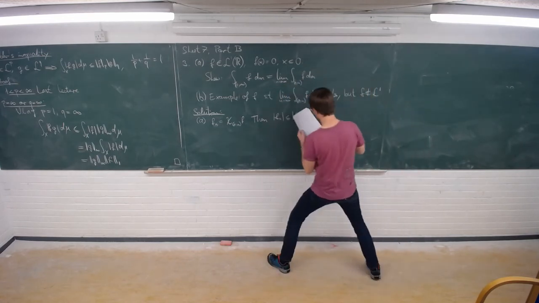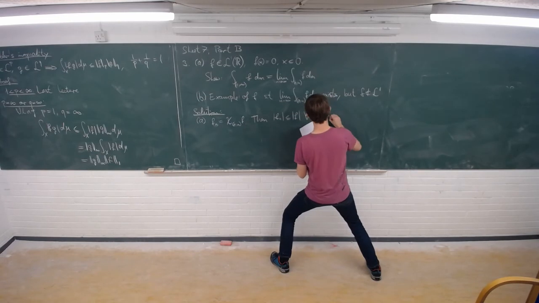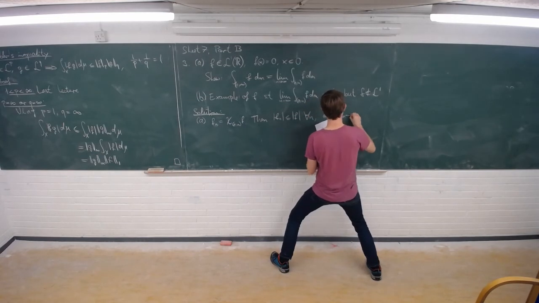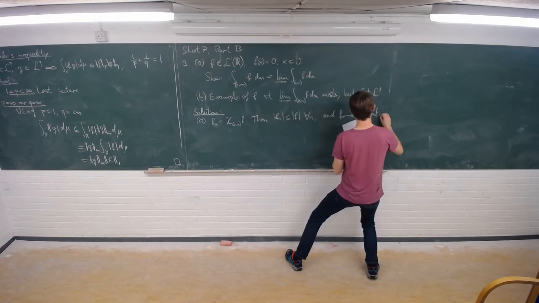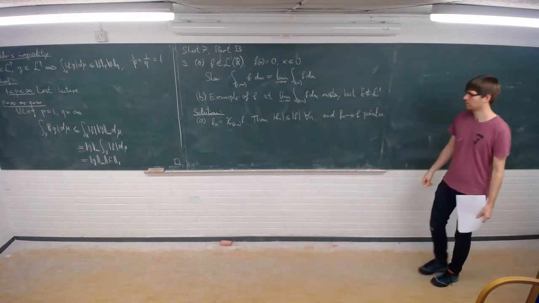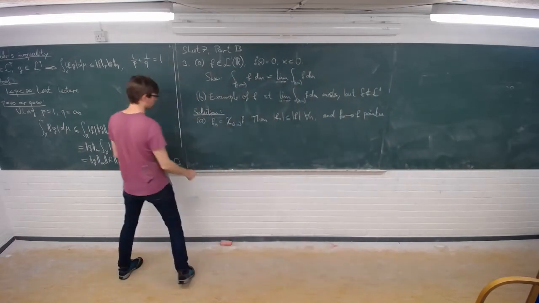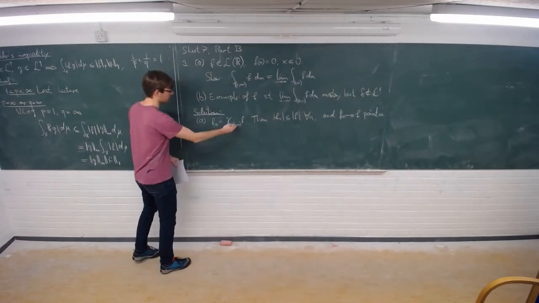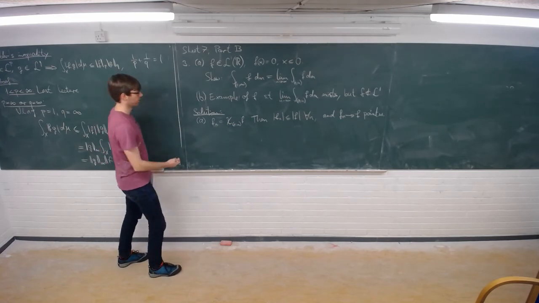And the second thing we need is that F_n converges to f pointwise. But that's also true, right? We just multiply by a characteristic function that converges to 1, so F_n converges to f.